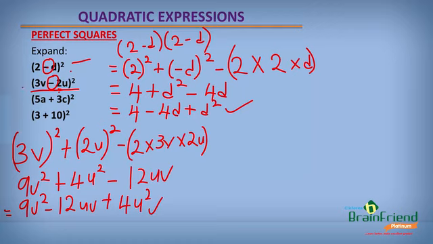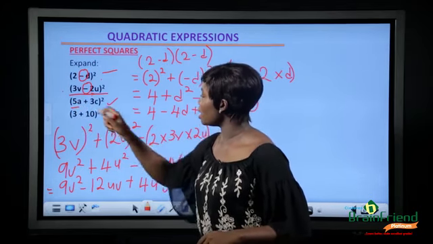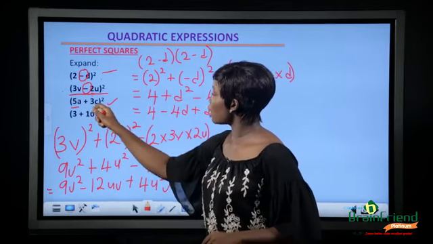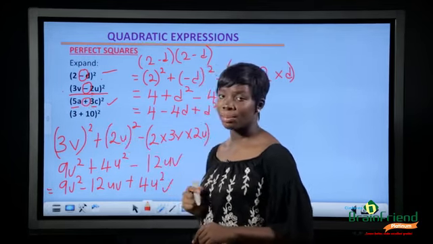So for our third question, we have (5a plus 3c) all squared. Now, this is a perfect square because if you expand it, it will be (5a plus 3c) times (5a plus 3c). So to expand this, we simply say the square of 5a plus the square of 3c plus twice their product.